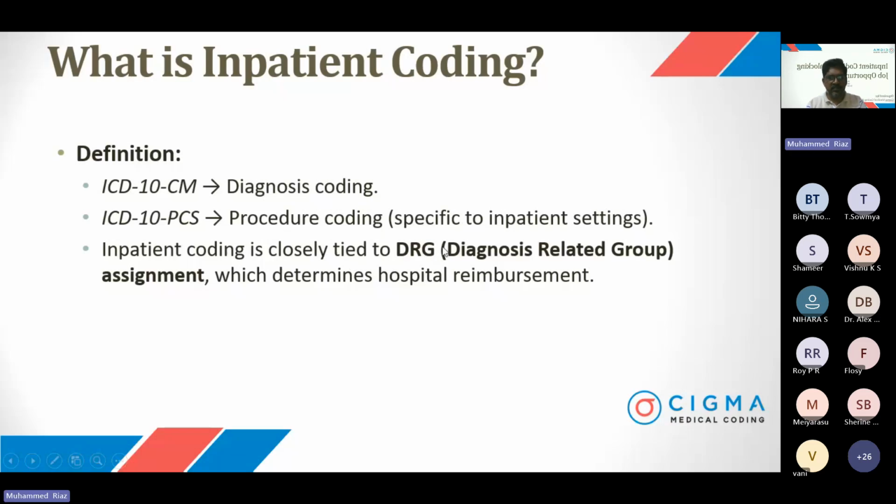The DRG works on the assigned diagnosis and also the assigned procedures. It calculates whichever is higher. If the diagnosis is higher, it will calculate the diagnosis based DRG. If the procedure is higher, it will calculate the procedure based DRG. That is how the DRG system works in the case of inpatient coding.